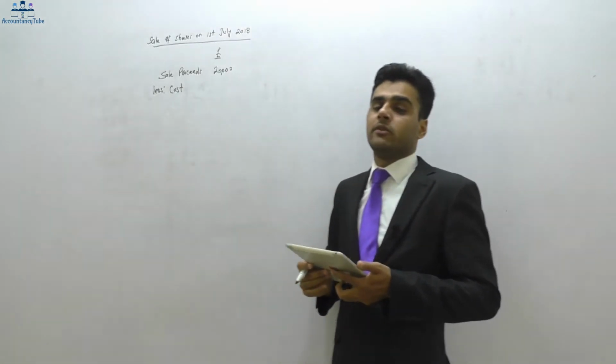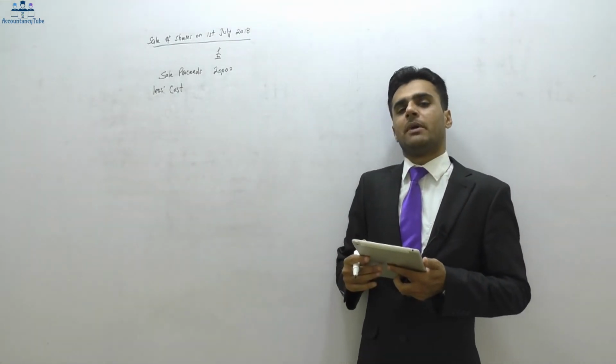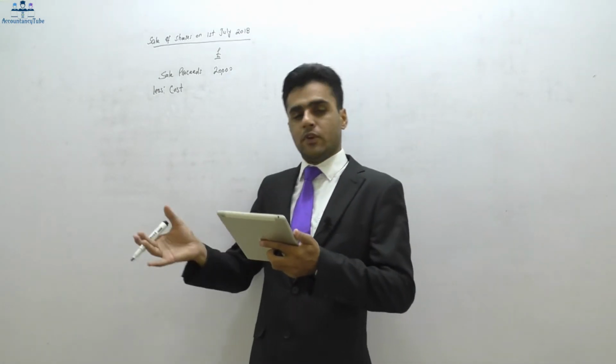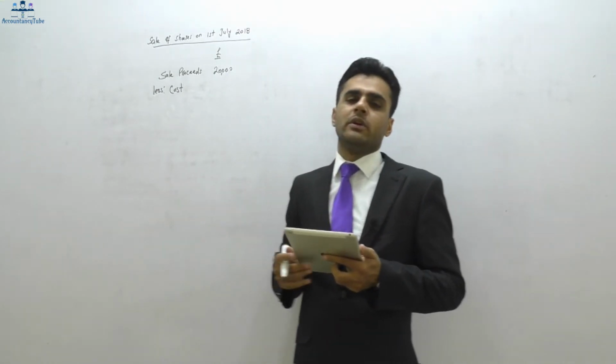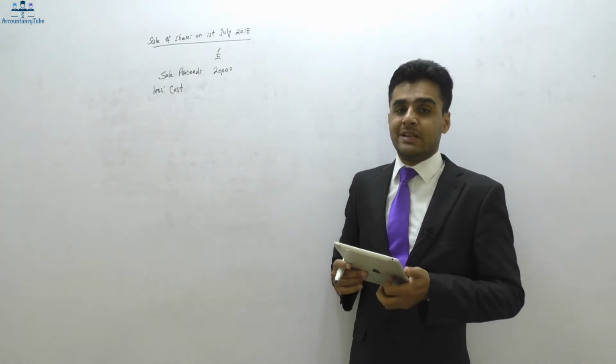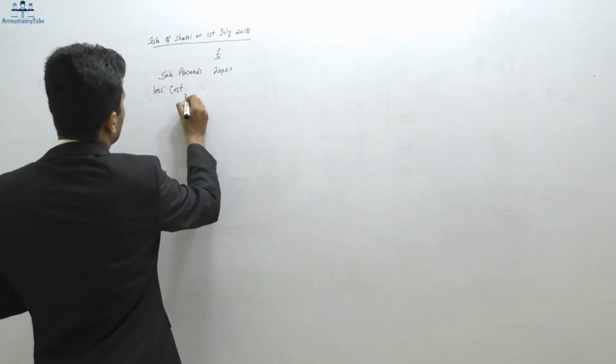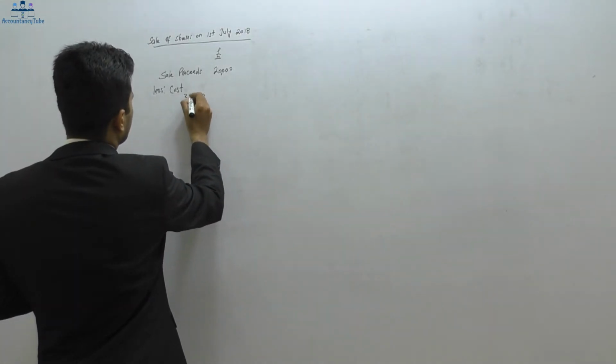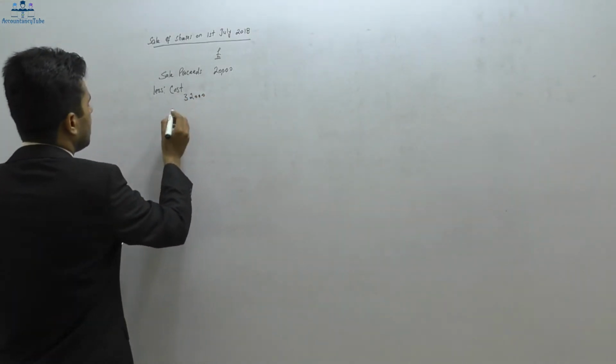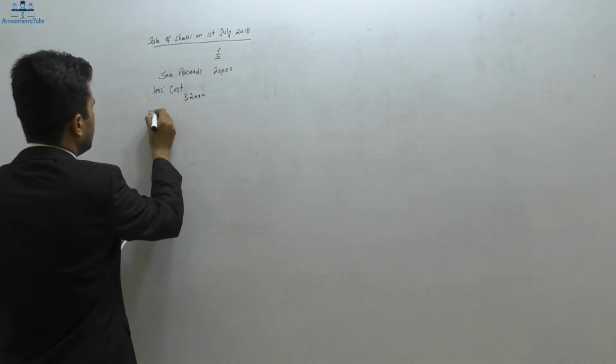Now in this case, EIS relief originally obtained was £9,600, but out of that £6,000 is withdrawn because he sold the shares within 3 years. So the amount of relief retained is £3,600. So the cost will be reduced by £3,600. So that is £32,000 the cost, and EIS relief will be deducted.